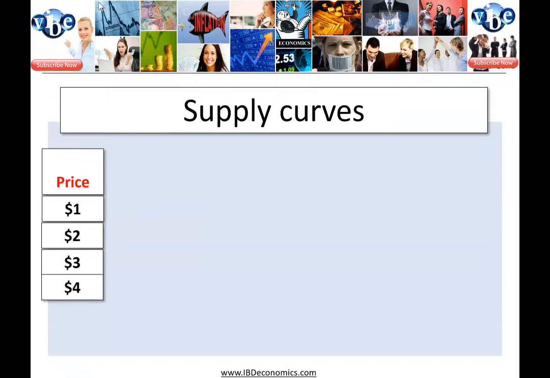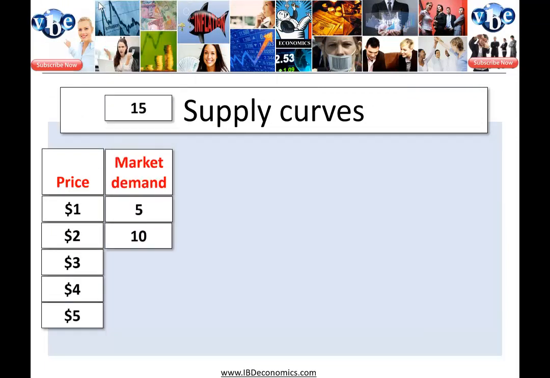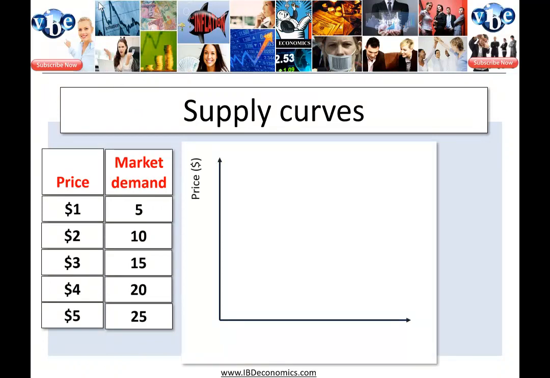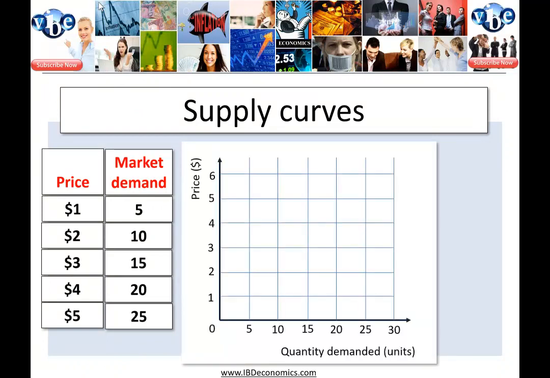So we take our supply schedule, and this gives us the market supply. And all we're doing, price on the y-axis again, and quantity supplied, is plotting the information in our market supply schedule.